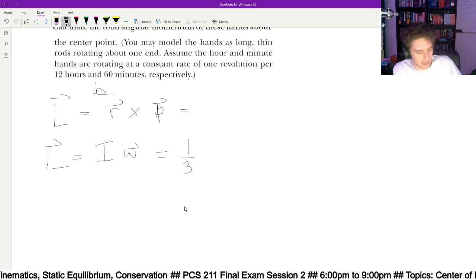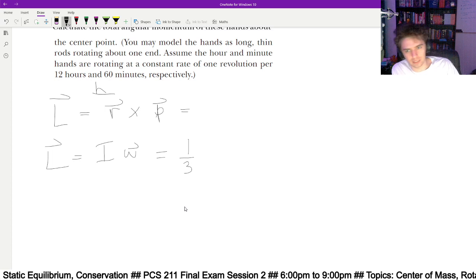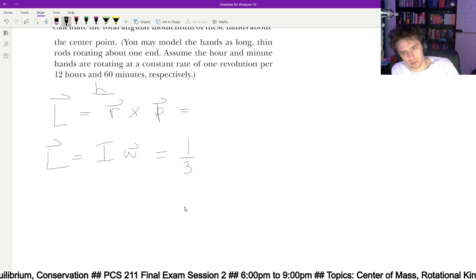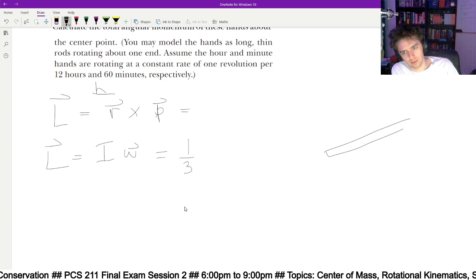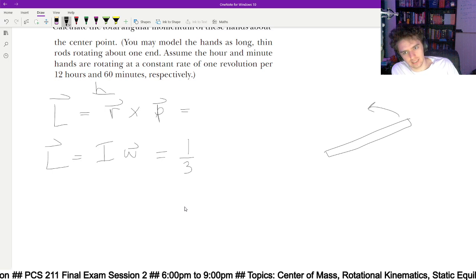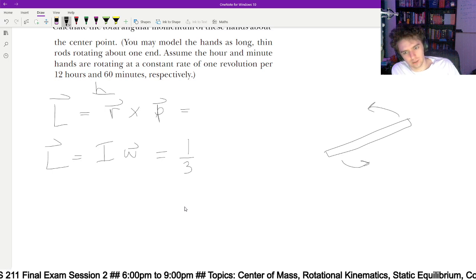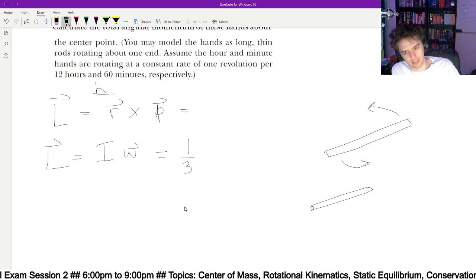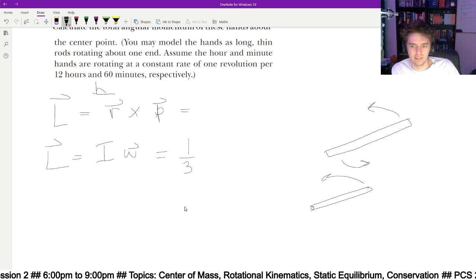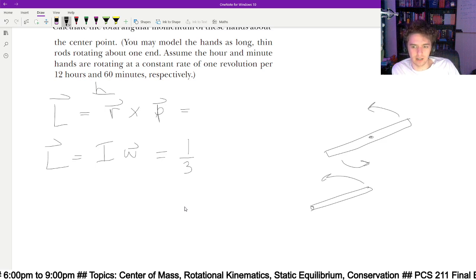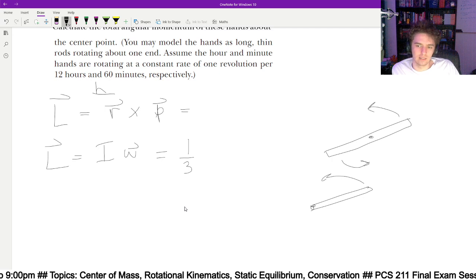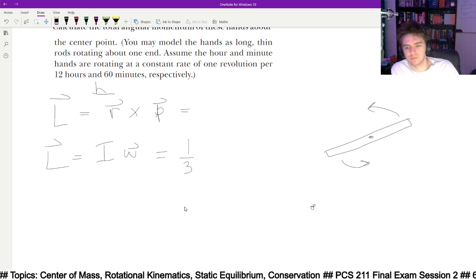Oh no, sorry. It's through the end, because the rod is rotating like this, not spinning around the center, it's spinning around the end. Okay, I see. Thank you.